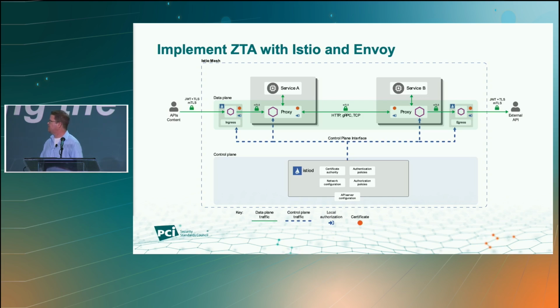Istio is an open source service mesh that provides authorization, authentication, and secure naming for workloads. Istio is the policy administration point that provides policy for each of these Envoy proxies. As you can see in the diagram, there's a proxy running alongside each service, as well as an Envoy in both ingress and egress paths through the network.